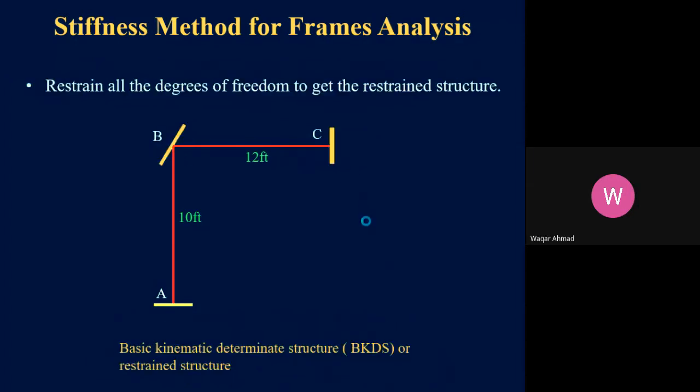Okay, now in the next step, we have to restrain our members against the displacements. How many displacements have we specified? We have specified 2 displacements, D1 and D2. D1 was at this point B. D2 was at this point C. So now I want to restrain this point B against the rotation.